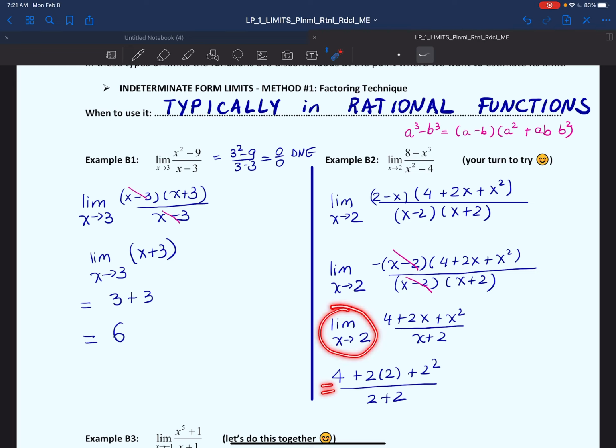Because here you're evaluating it. So that's when you lose this part of the expression here, all right? But it's important that you write limit as x approaches 2 in all the previous steps. So 4 plus 4 plus 4, that's 12 over 4. So it seems that the value of this limit is 3.